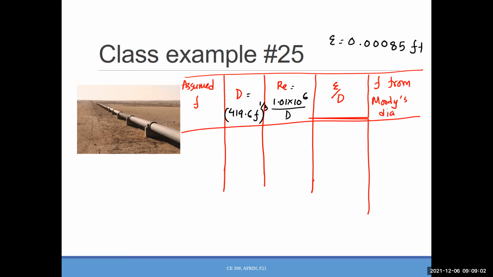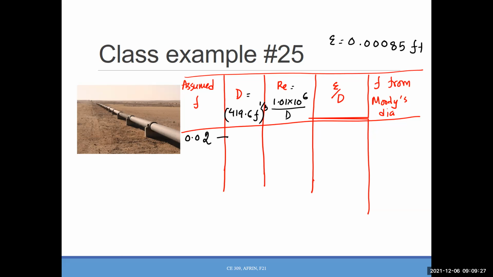Now, as I said in the previous class, F equals 0.02 is a very good first estimation, but you can assume any initial value. There is no specific rule, but usually this one gives you the result within a maximum of 3 trials.